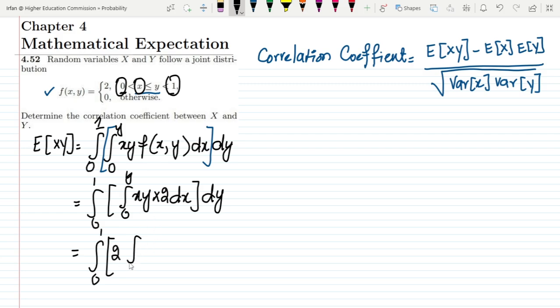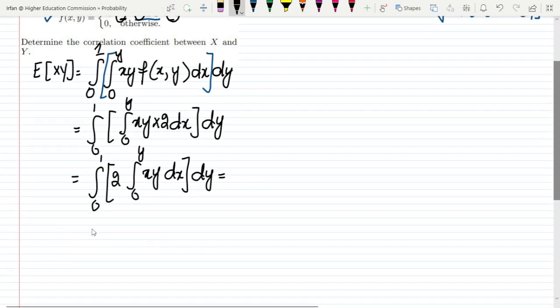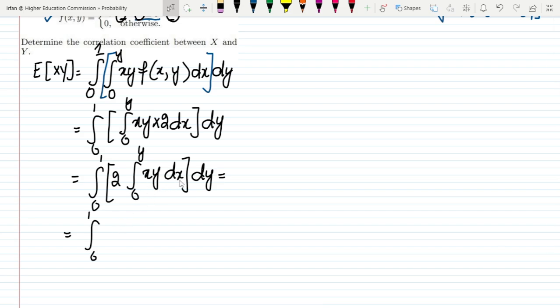Here it would be from 0 to y of xy dx, dy. Here y will also be a constant because it is the integration with respect to x. So 2y, 0 to y.